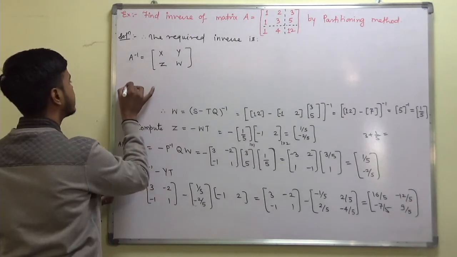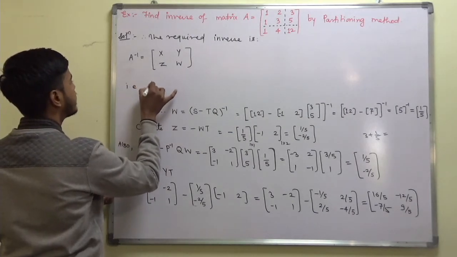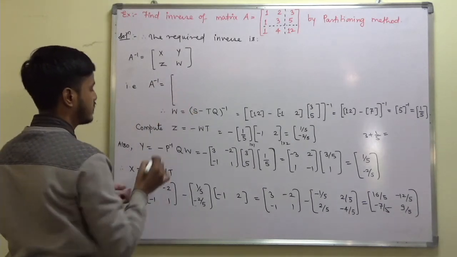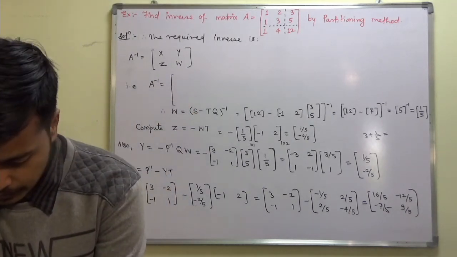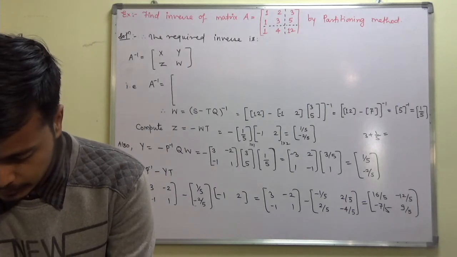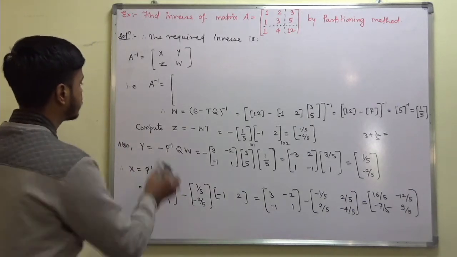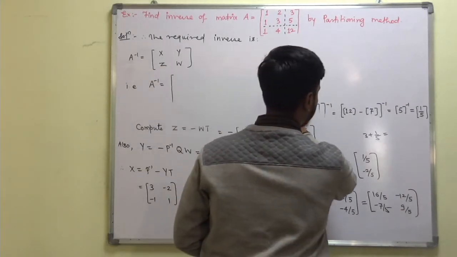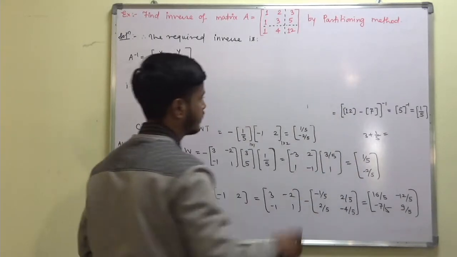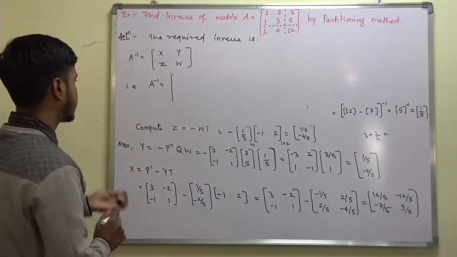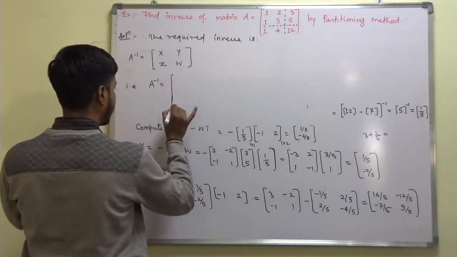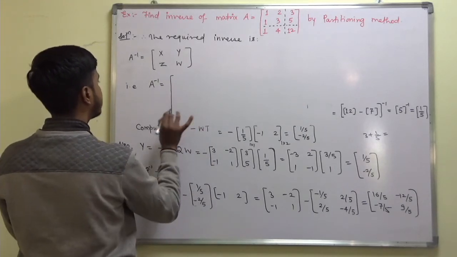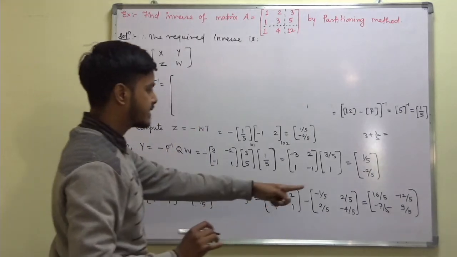That is, you can write A inverse is equal to X, Y, Z, W. So what is X? What is X? This.